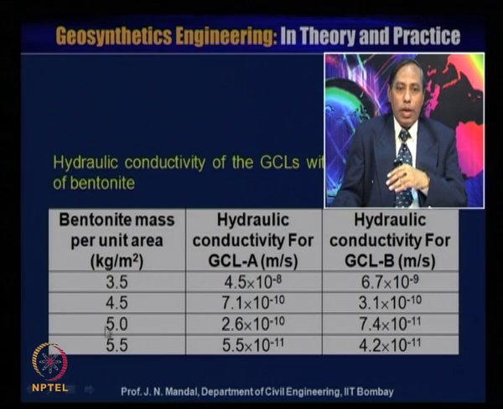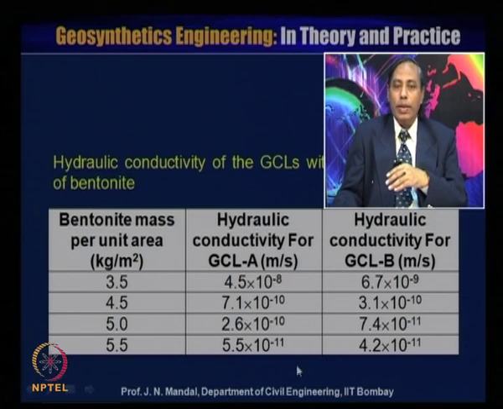When the bentonite mass per unit area is 5, then hydraulic conductivity for GCL A is 2.6 into 10 to the power minus 10 meter per second, and for GCL B 7.4 into 10 to the power minus 11. Then when the bentonite mass per unit area is 5.5, the hydraulic conductivity is 5.5 into 10 to the power minus 11, and for the GCL B 4.2 into 10 to the power minus 11.